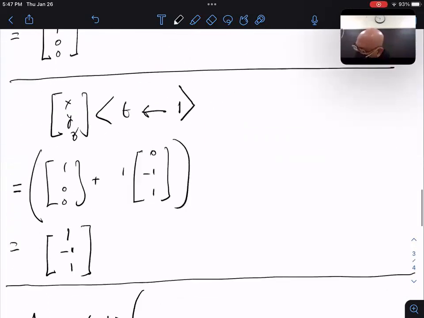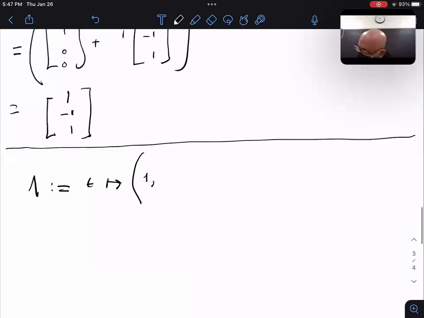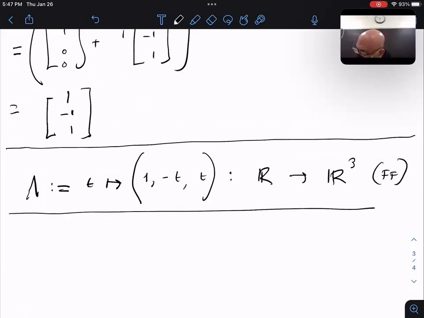So the functional form is t going to (1, -t, t) from R to R3. This is the functional form. And S is equal to the image of lambda. That is what you know from MATH270. So this simply means that I am telling you where a particular point on the line, t, goes in the screen, which is R3. This is the picture that you have to keep in mind.